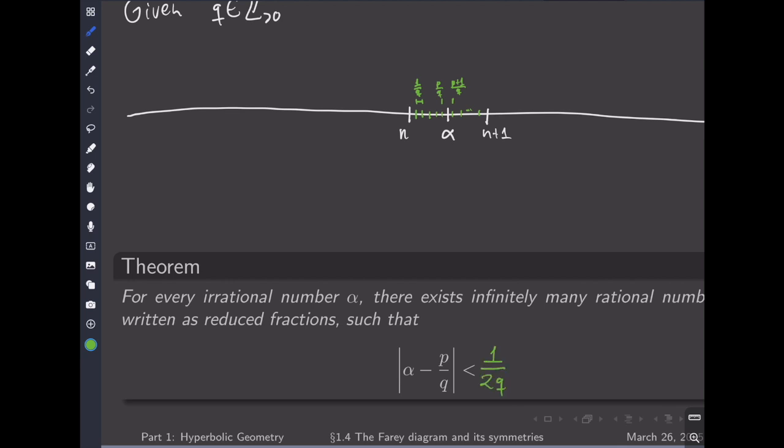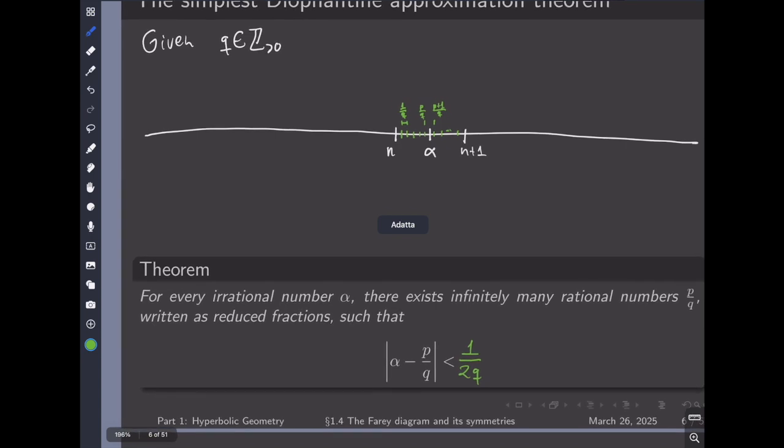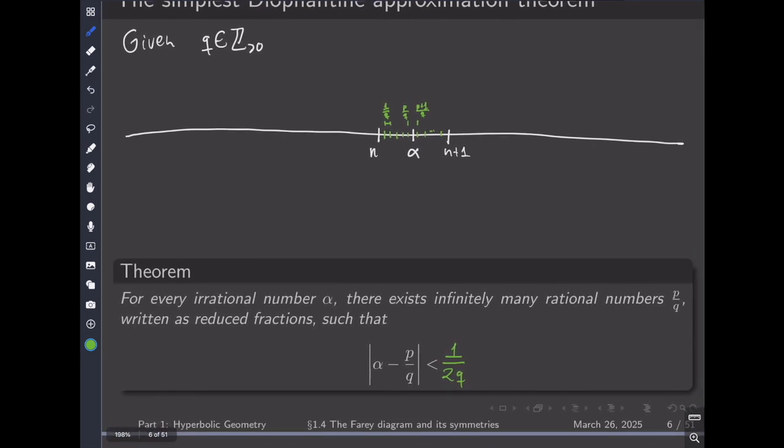And this is what we have known forever. Maybe we need plus n. It's the distance, because the length of the subinterval is 1 over q. And the fact that it's strictly less is because alpha is irrational, so it cannot be exactly in the half. If it were exactly in the half, alpha would not be rational.